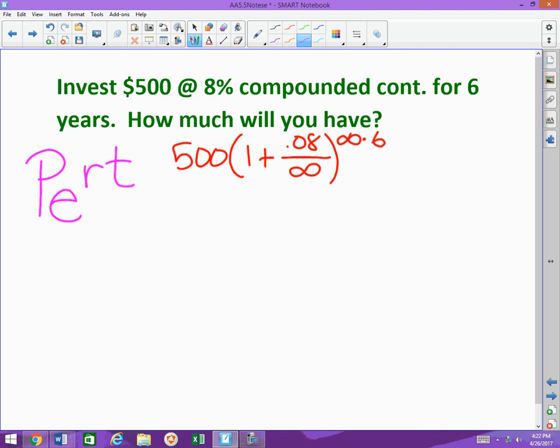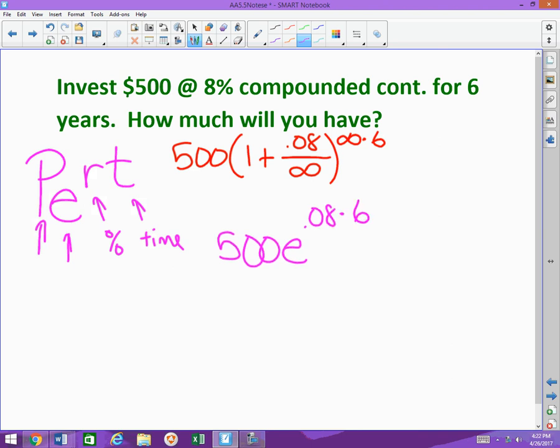The formula is PERT, where P stands for the initial amount, E is E, R is your percent, and T is the time. So in this case, we would have 500 E to the 0.08 times 6.